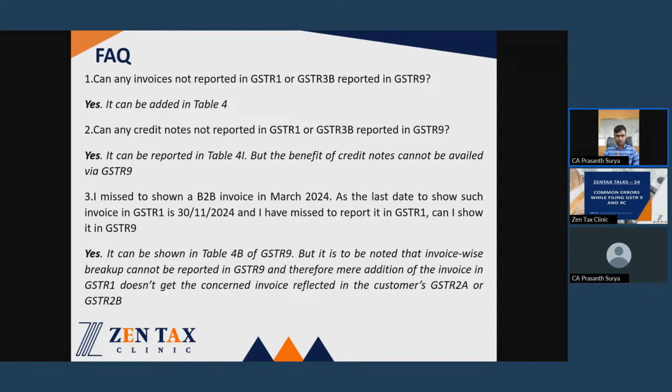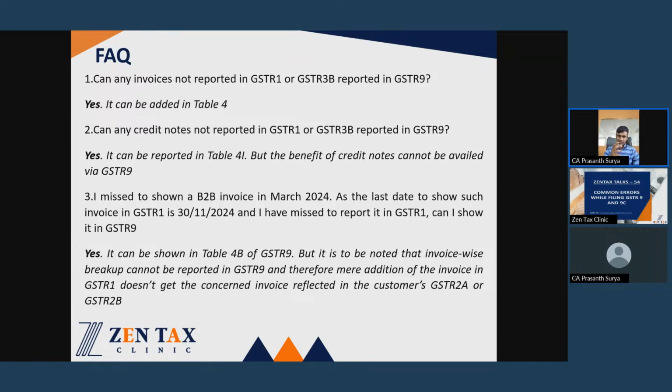So a common FAQ relating to table 4 of GSTR9 is: can any invoices not reported in GSTR1 or 3B be reported in GSTR9? As I already said, in GSTR9 we are not giving invoice-wise breakup at all. We are giving only the consolidated figure as in GSTR3B. In GSTR1 only we give the invoice-wise breakup. So you cannot specifically report that you have missed bill number 42 and are reporting bill number 42.